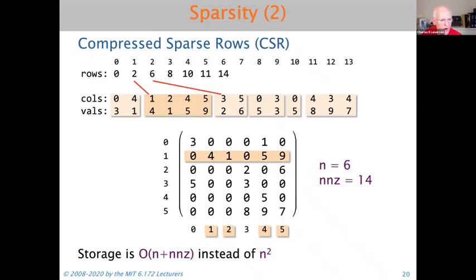And now the rows array basically points to the beginning of every row. For example, for the row labeled 1, the 2 says that that row begins with the element in position 2, and it ends at the beginning of the next one.